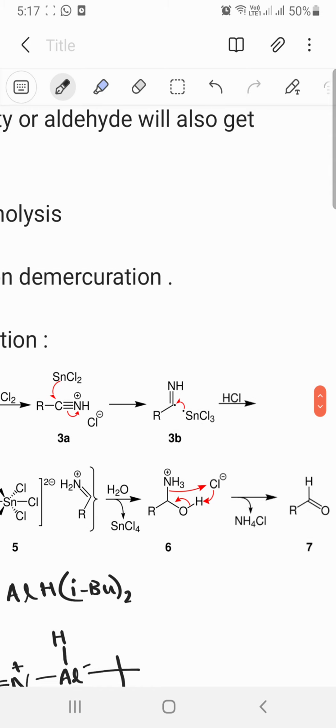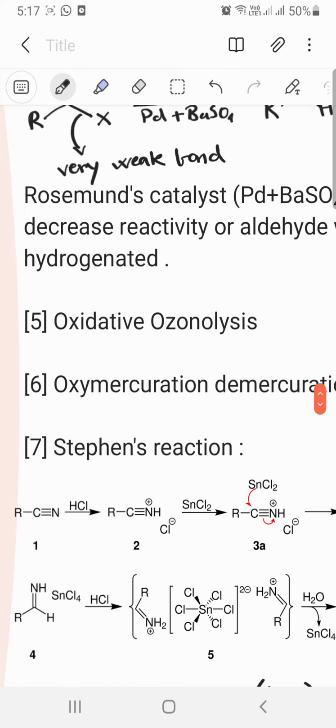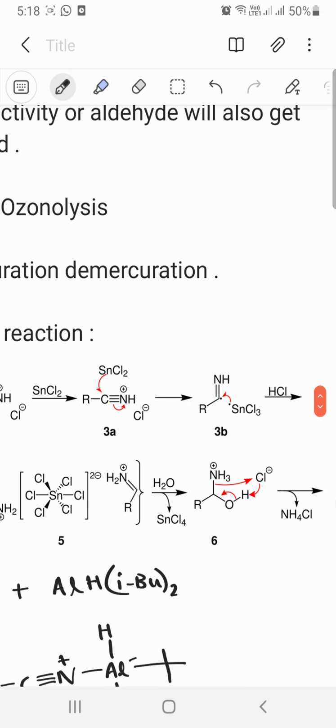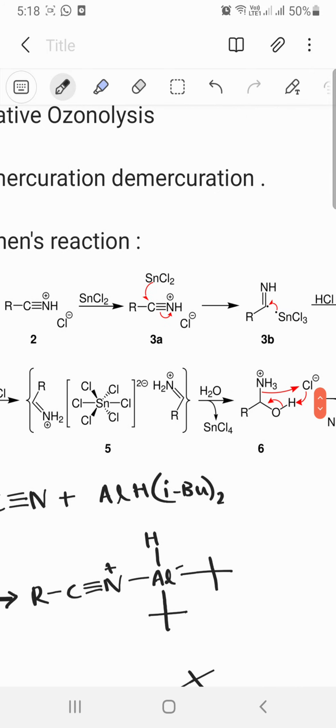That's weird. SnCl4 over there. What is this? I mean, okay, not a big deal, but still, it's weird.